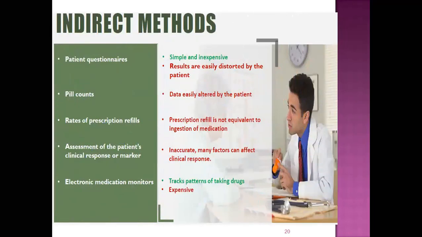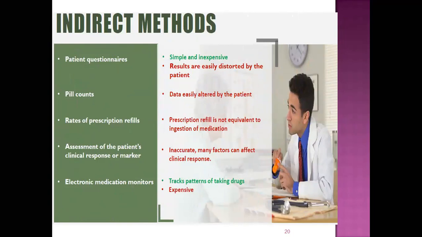So these are the two methods of direct measurement of medication adherence. And lastly, the indirect methods. Here the role of the pharmacist or physician is much greater. In indirect methods, there are four or five types. First is patient questionnaires.